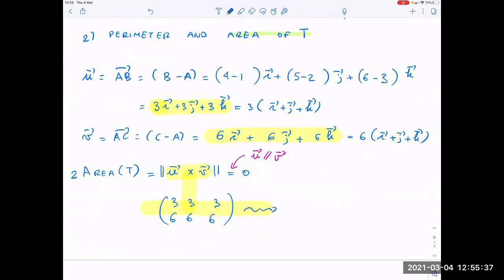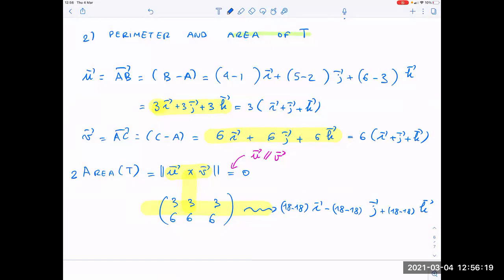When you use the formula to find the coefficient of I, for example, you multiply these two and subtract. So you get 18 minus 18. Then you get again 18 minus 18. Even if you have to put the minus in front of it, nothing is going to change, and you get 18 minus 18. So since the area is 0, this means that the triangle is degenerate.